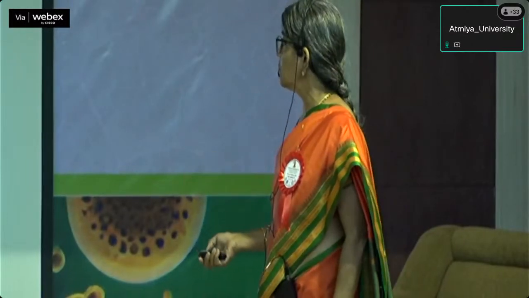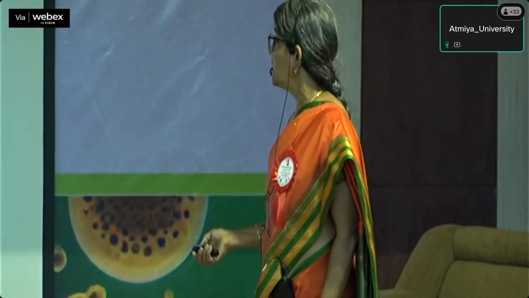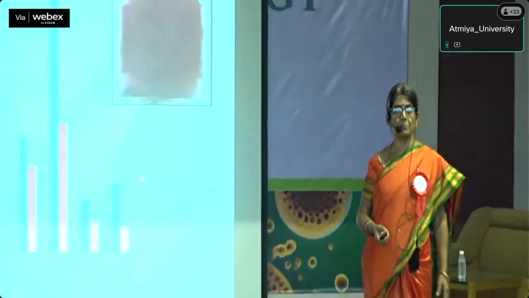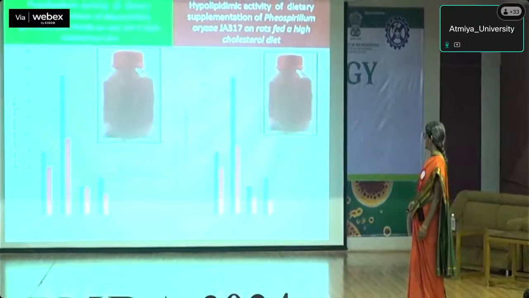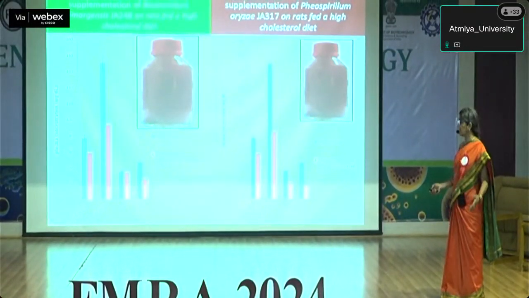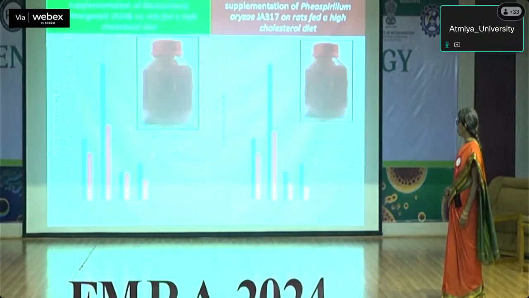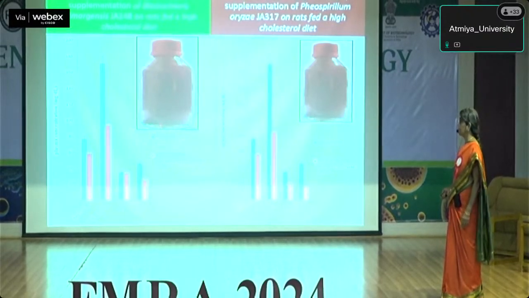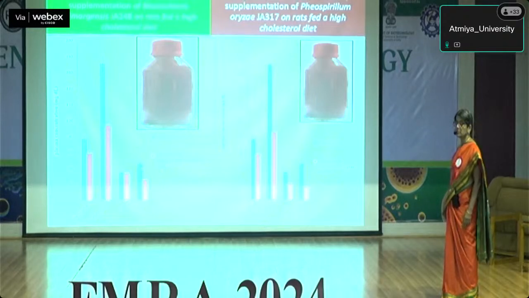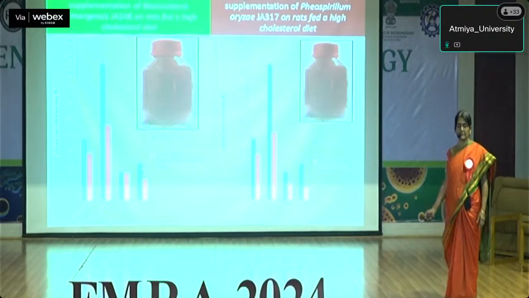So one of the students wanted to try if our bacteria also has a hypolipidemic effect. The experiment was, you take rats, two sets of rats. One set is having a high fat diet. The other set we are providing a high-fat diet along with 2% of this particular bacterium called Blastochloris gulmargensis.